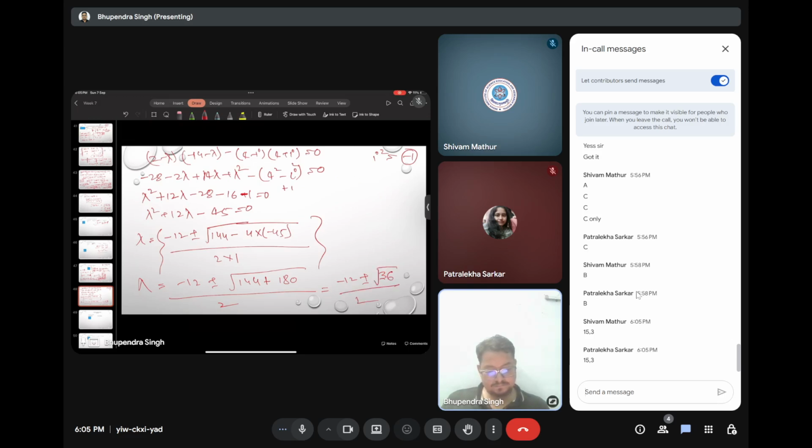So minus 12 plus minus 6 divided by 2. In one case it is plus, so 12 plus 6 by 2 is equal to 3. In one case minus 12 minus 6 divided by 2, minus 18 divided by 2, minus 9.